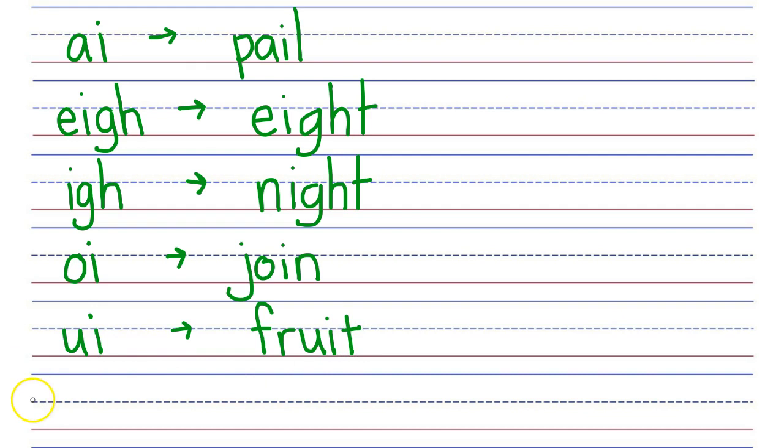And it can work together with R in the R-controlled phonogram as in bird, B-I-R-D. So these are all cases where I is working with other letters. AI, OI, UI, IR.